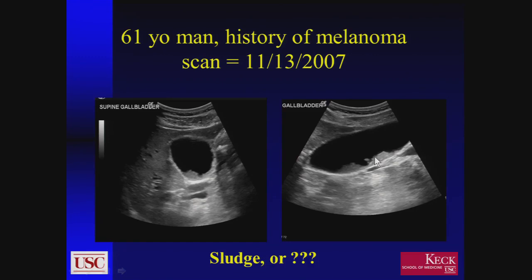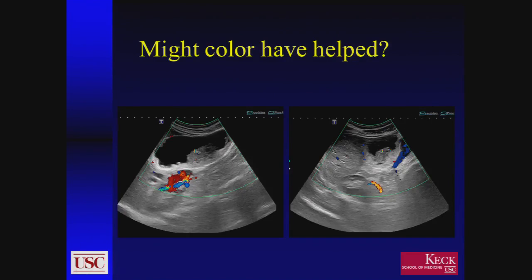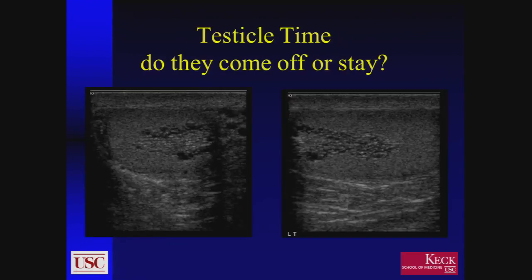And one of the few cases where I've actually seen a gallbladder cancer develop, I think the only good thing about it is that in theory, it's probably not a real aggressive disease, that it does grow slowly over time, and in 4 years, it had gotten to this point. So luckily, after 4 years, we finally talked people into intervening on this man and taking out his gallbladder with his gallbladder carcinoma. So, testicle time.